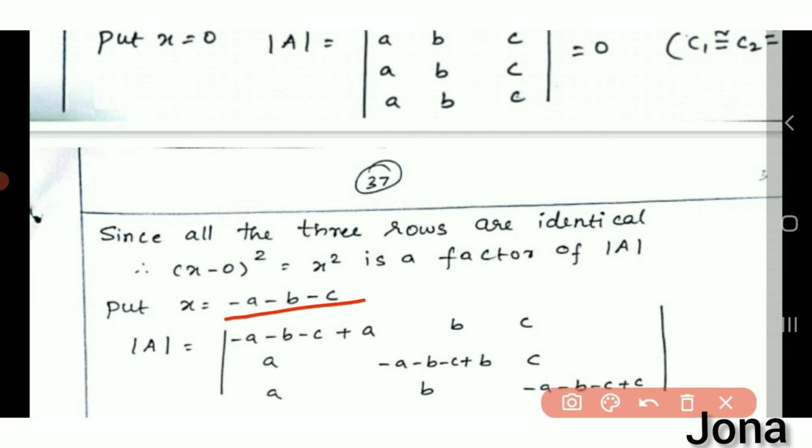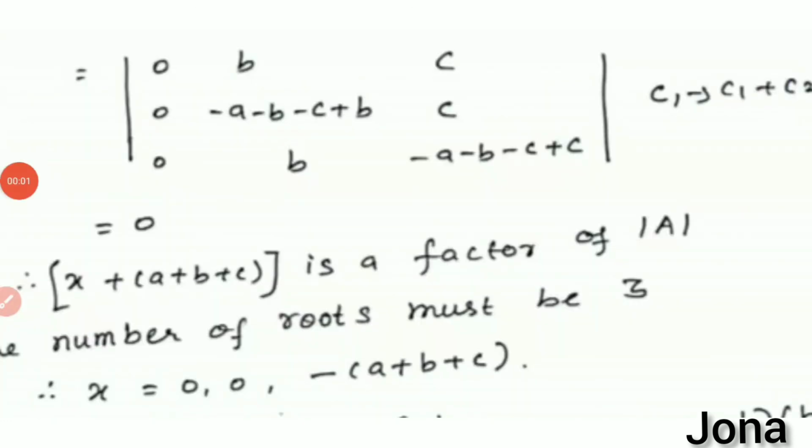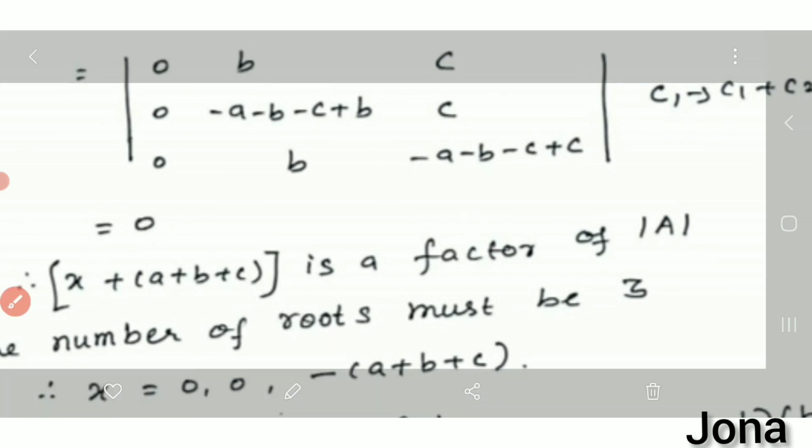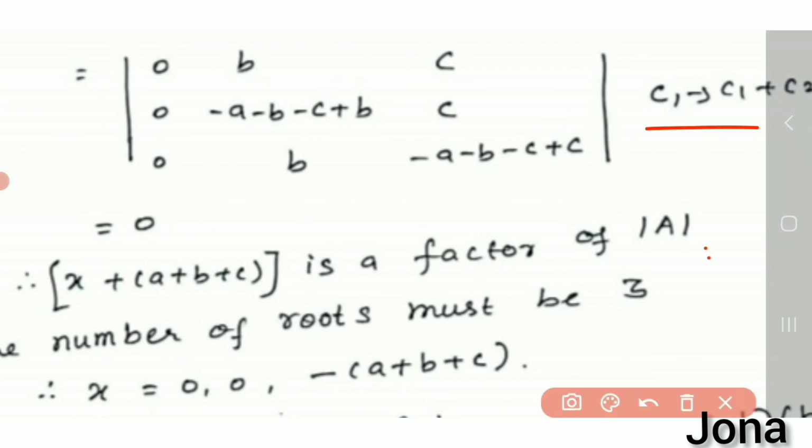In the place of x we want to substitute here. In the place of x if you substitute minus a minus b minus c, already we have plus a here, and even here also minus a minus b minus c plus b, and even here also minus a minus b minus c plus c here. Then if you take this C1 as C1 plus C2 plus C3, so we can say here 0, and even here also 0, and here also it will be 0.